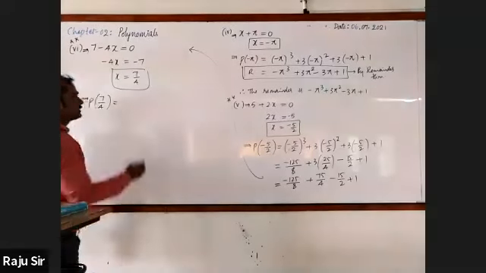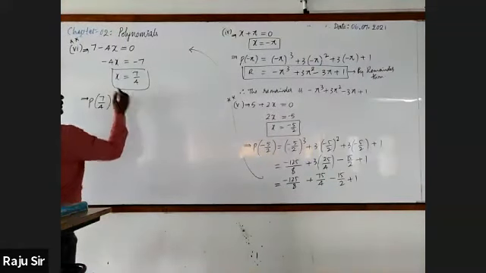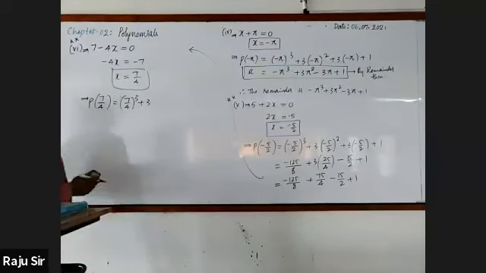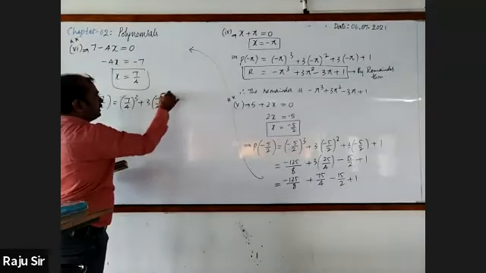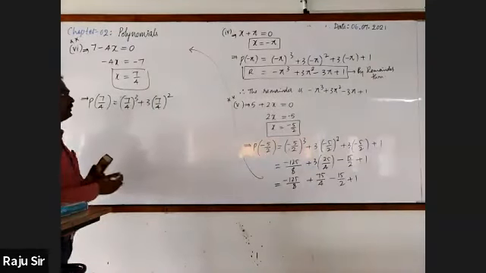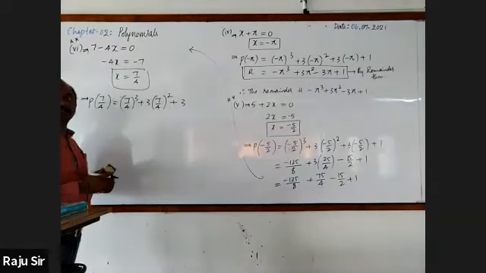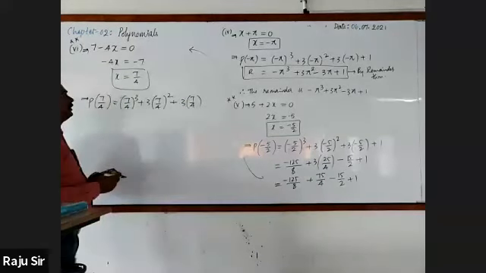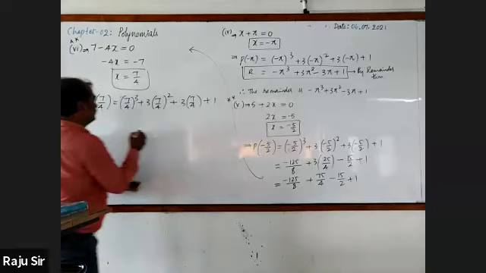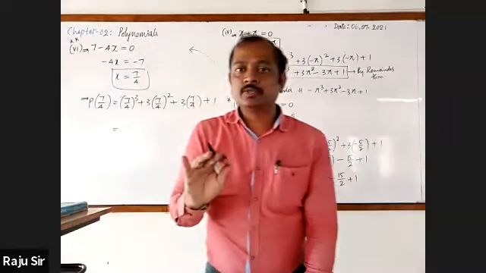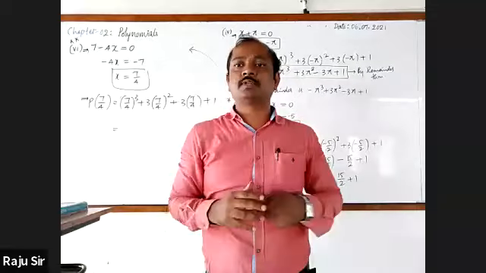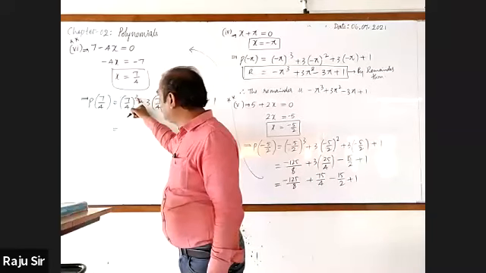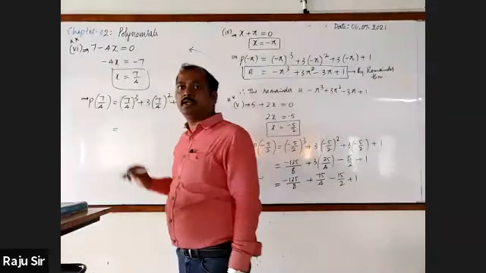The first term is x cube, so 7/4 whole cube, plus the second term is 3x square, 3 into 7/4 whole square, plus 3x, 3 into 7/4, next plus 1. It is equal to. Nobody should tell the answer. I'll give the chance to some students. Dhanush, apply cube to both numerator and denominator and tell the value.